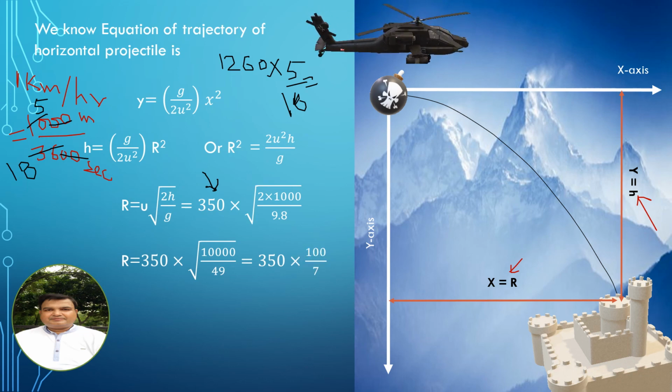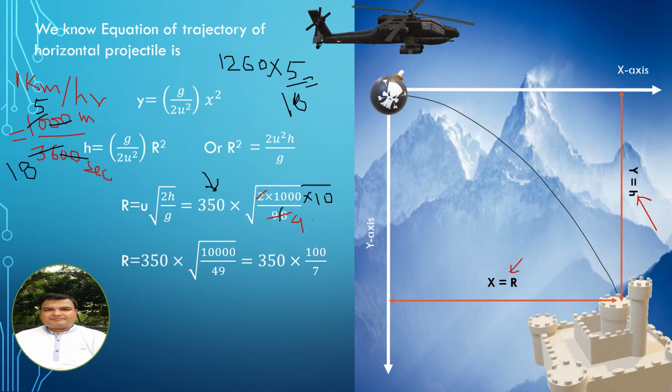Look, if we remove this decimal, we are having the 10 in the square root. Okay. From 2 we can cancel out, it is 49.